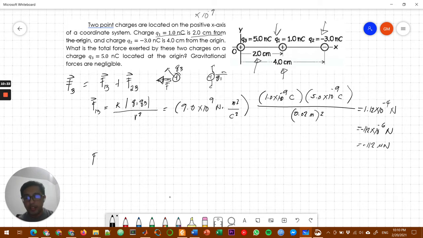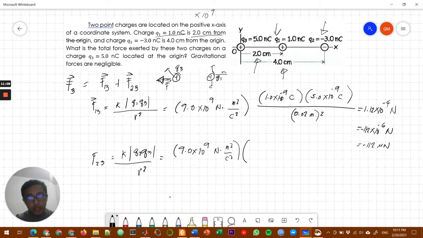Next we have F23, the force exerted by charge Q2 on charge Q3. So we have K Q2 Q3 over R square. That's the same constant, 9 times 10 to the 9 Newton meter square over coulomb square.